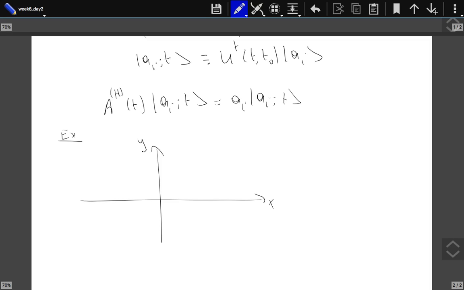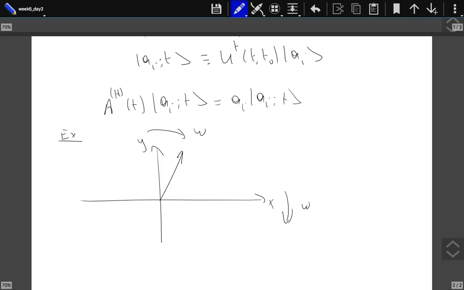Now these are my base kets. Let's just take the case that my base kets can be rotated. Let's assume that they are rotating with angular frequency omega. It's the base kets that are rotating.